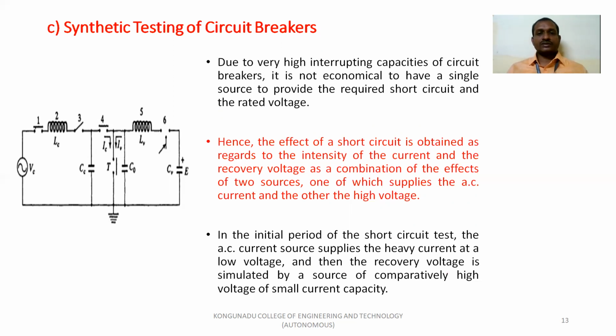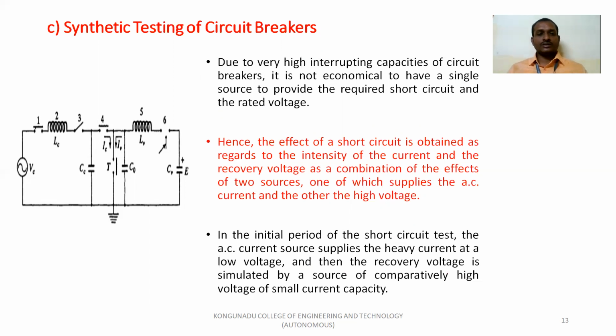Hence, the effect of the short circuit, regarding the intensity of the current and the recovery voltage, is obtained as the combination of the effect of two sources. We produce the short circuit current with the help of two sources: one supplies the AC current and the other the high voltage.